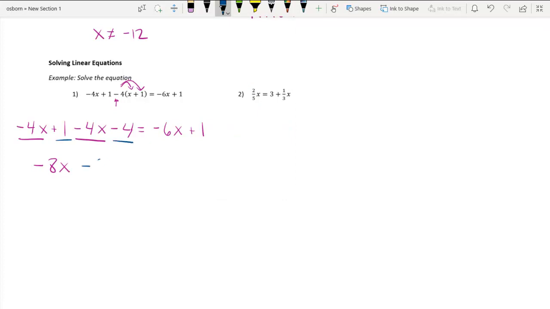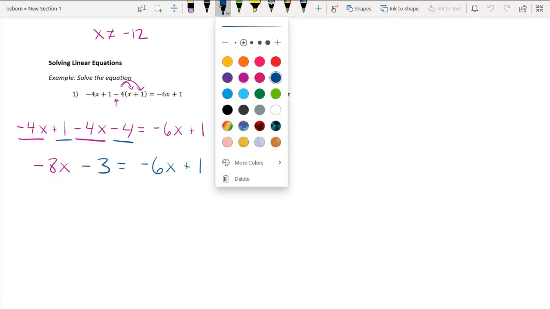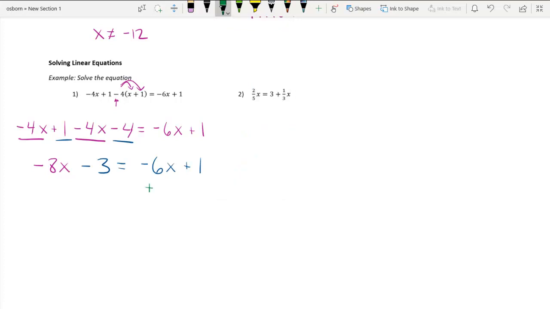That gives me a negative 3 is equal to negative 6x plus 1. Now what I want to do is move everything that contains an x to one side of the equation and everything that does not contain my x variable to the other. So what I'll go ahead and do is add 6x to both sides.